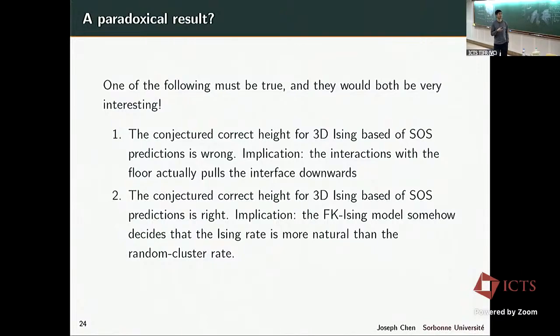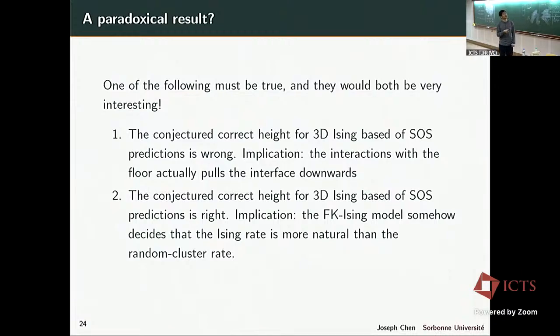And this is like the first step of a big program of things we'd like to prove for 3D Ising, and we'd already be saying that the intuition from SOS is a little off. And it's saying that these interactions, which I think are generally believed to not have much impact, really pull the interface downwards.